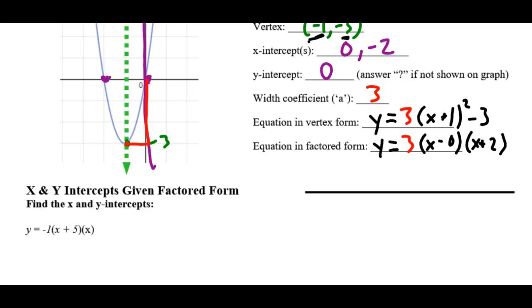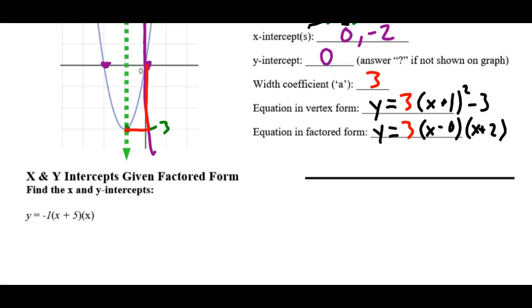Last part down here is finding x and y-intercepts. And so whenever we want to find the x-intercepts from the factored form equation, we can just do the opposite of what we did up here, which is to say what makes each of those factors, those groups, go to 0. What would make x plus 5 equal 0? Well, if x equaled -5, -5 plus 5 would equal 0.